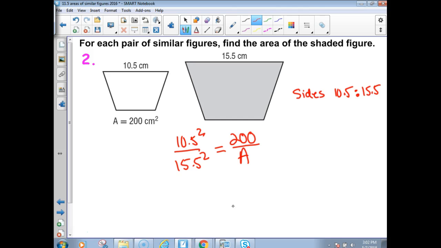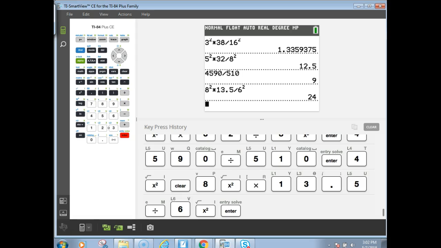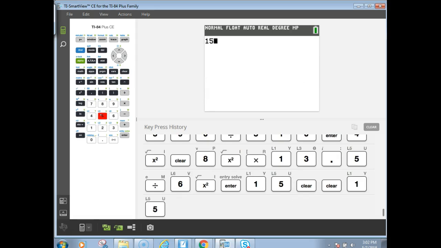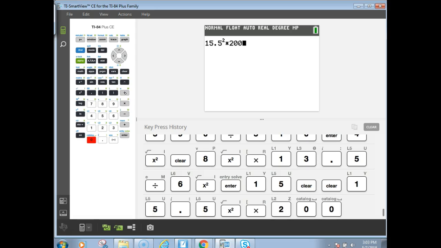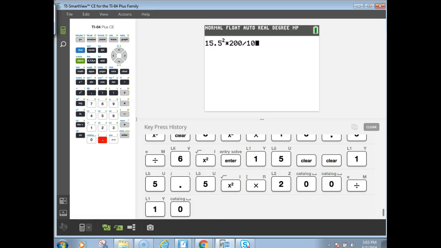Now, I'm going to type it just like this. I'm going to go 15.5 squared times 200 divided by 10.5 squared. So I'm going to clear this out so you can see. 15.5 squared. Was that my first one, right? And I have to multiply that times 200. And then I have to divide by 10.5 squared.